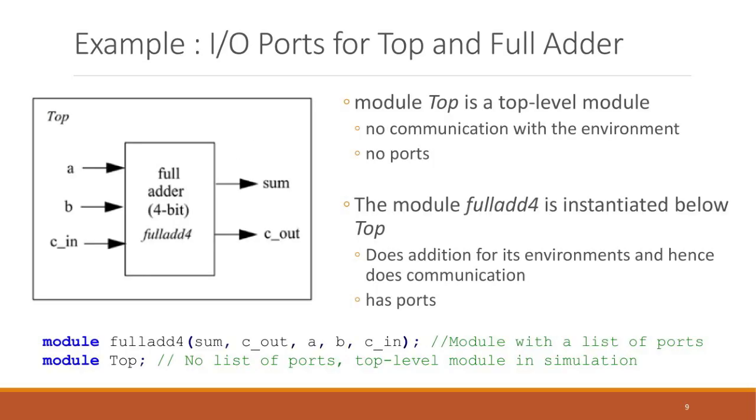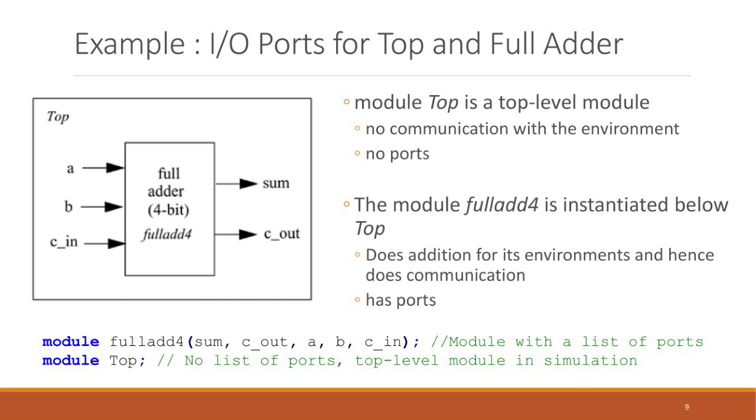Here is an example design with a full adder to illustrate the usage of the list of ports. The module top is a top level module that works as the test bench for the adder, and it does not do any communication with the environment.